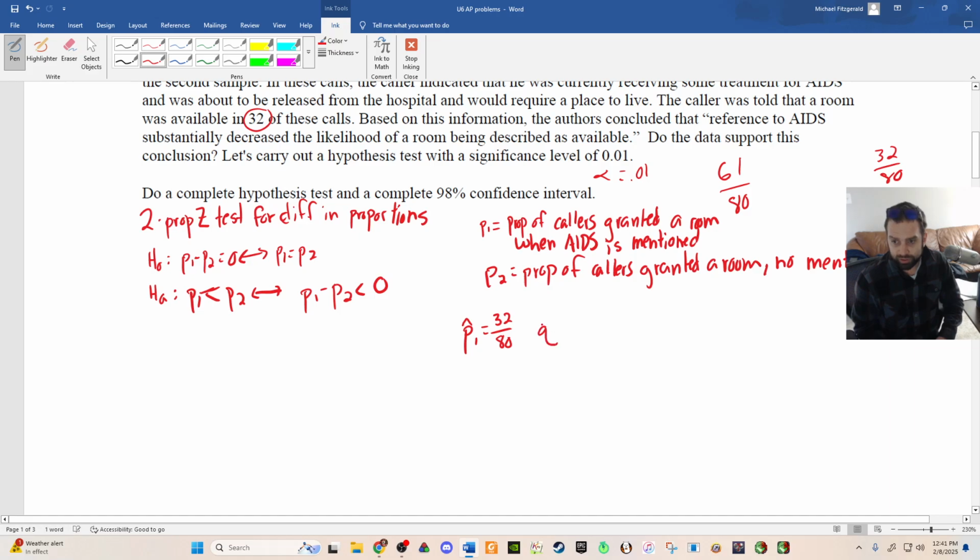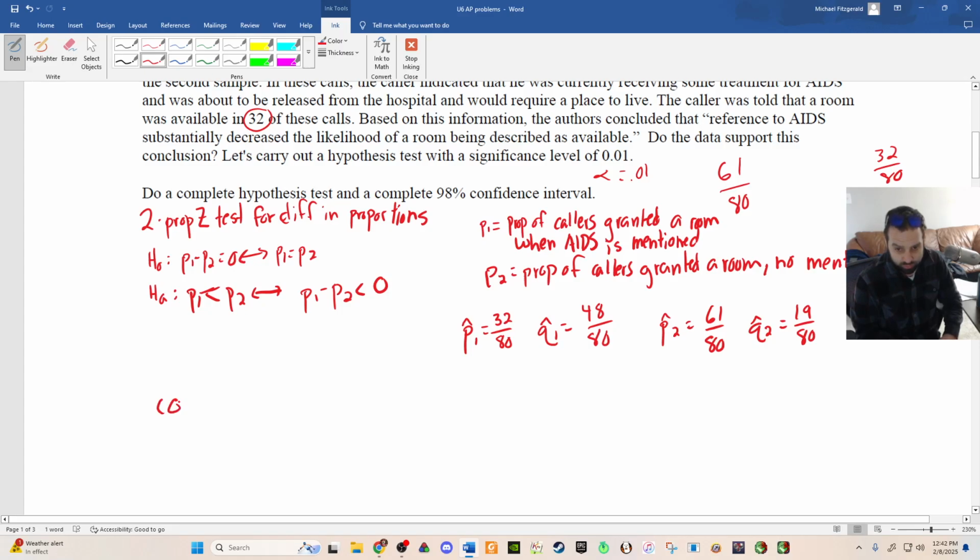That means q hat 1 is equal to the complement, which is the other 48 out of 80. Then p hat 2 is 61 over 80, the proportion of those who were given a room when no mention of AIDS. That means q hat 2 is the other 19.